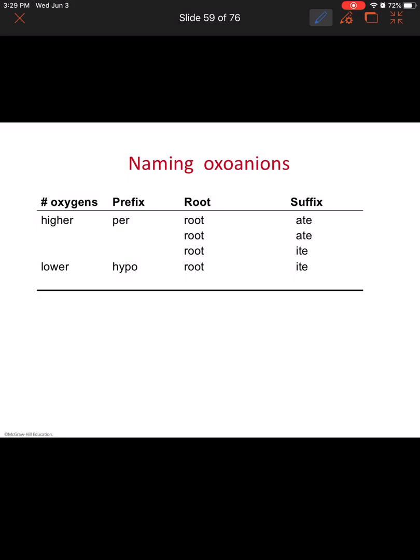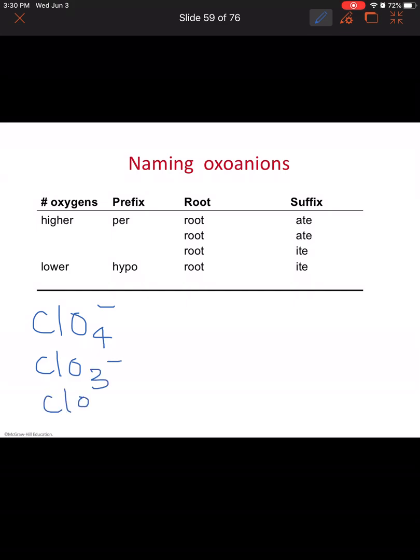Let's take chlorine. Chlorine can have four different amounts of oxygens: 1, 2, 3, 4.